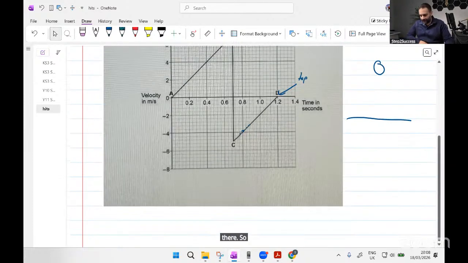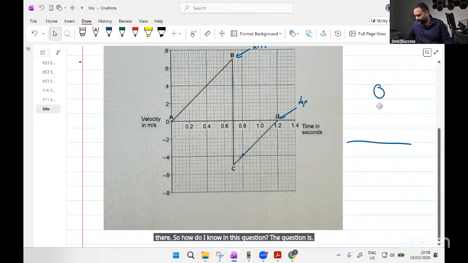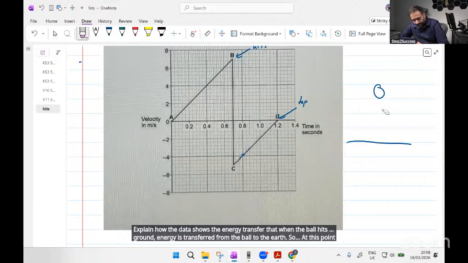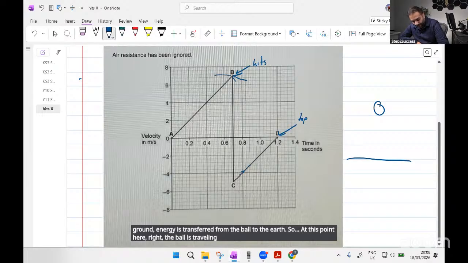So how do I know in this question? The question is, explain how the data shows the energy transfer, that when the ball hits the ground, energy is transferred from the ball to the earth. So at this point here, the ball is traveling at its fastest speed, so it's got a lot of kinetic energy.